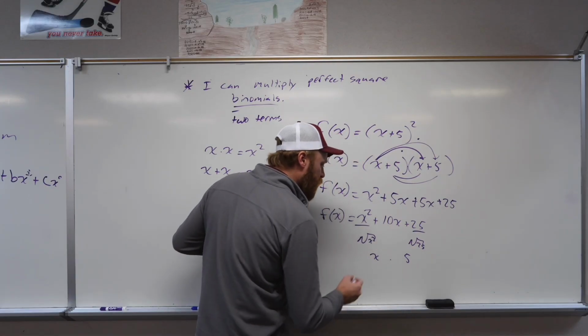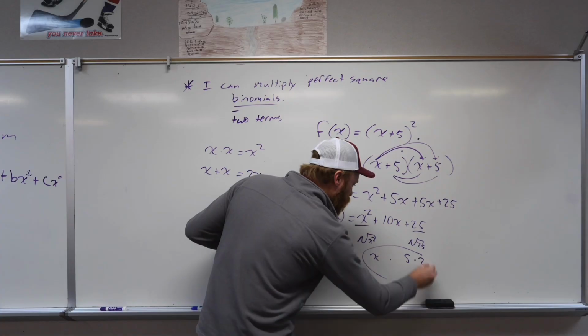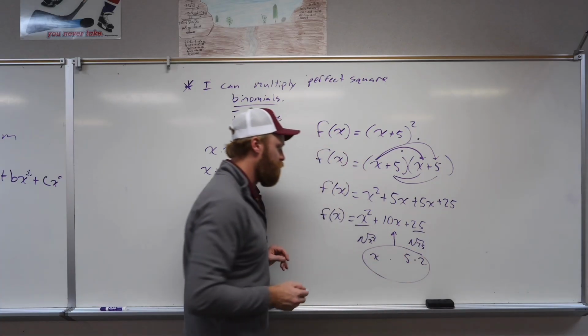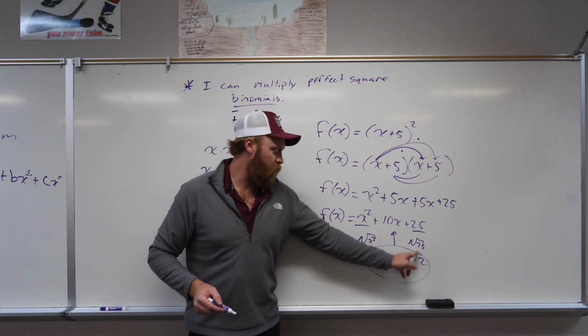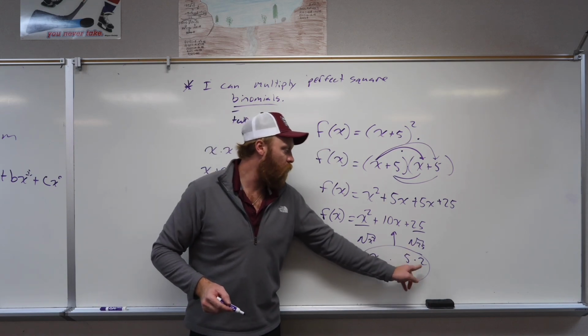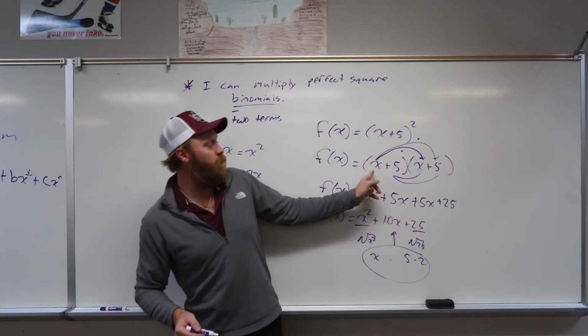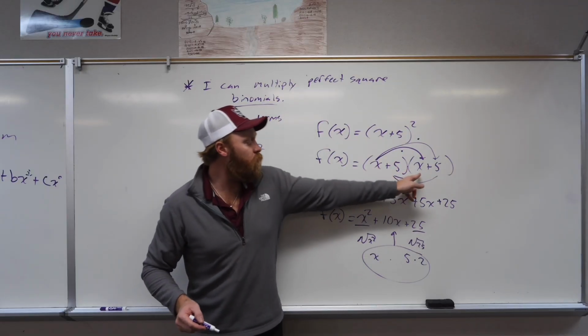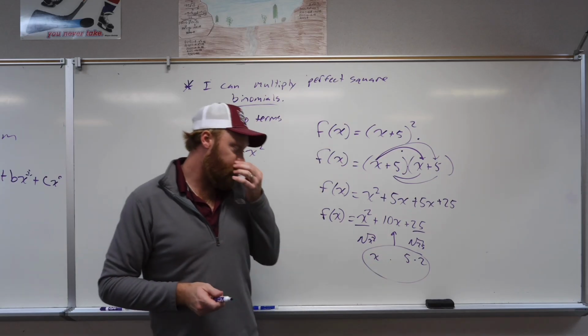If we multiply those together and then multiply that by 2, that is going to be that center term. Why the times 2? Well, notice before we simplified it, we had 2 of the same term, so that's why we have that 5 times 2.